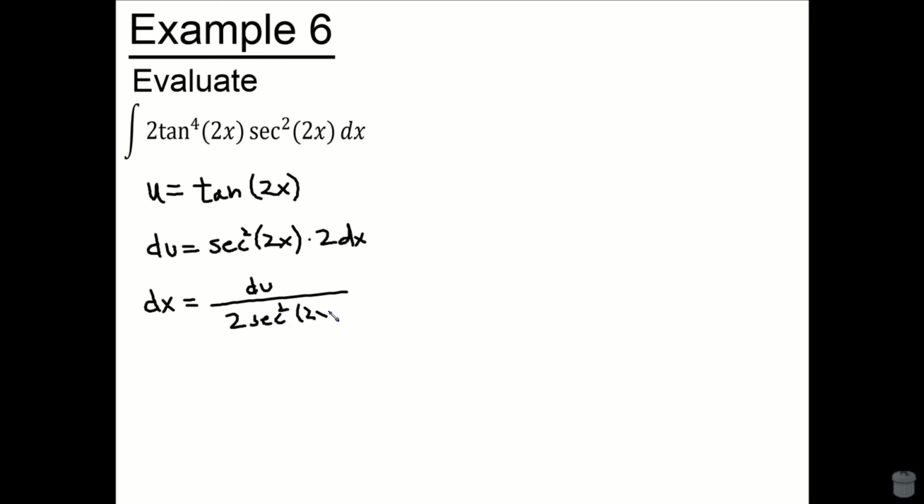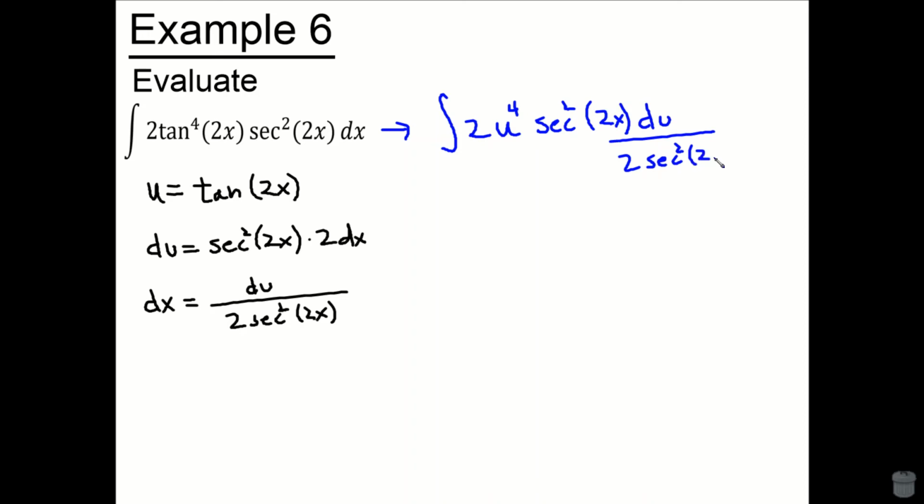And now I can actually start substituting: integral of 2. No more tangent, I'm just going to go straight into u to the 4th power, times the secant squared of 2x. No more dx, I'm going to have du over 2 secant squared of 2x. From here the secant squared of 2x reduce each other out to 1. This 2 and this other 2 reduce each other out.